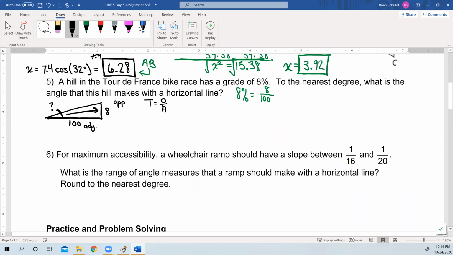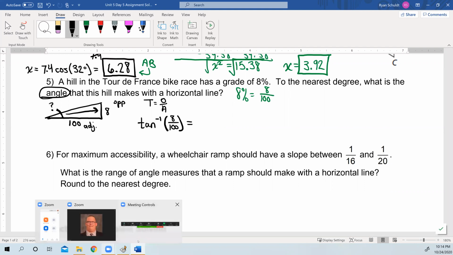Tangent. Since I want an angle, I have to do tangent inverse. Opposite is 8 over 100. So that would equal what?